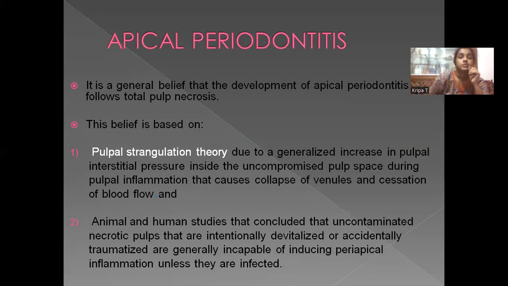Next is the pathogenesis. Now, the development of apical periodontitis usually follows a total pulpal necrosis. So you have certain theories to explain this. The first is the pulpal strangulation theory, describing the generalized increase in pulpal interstitial pressure within an uncompromised pulpal space during pulp inflammation, causing collapse of venules and cessation of blood flow.